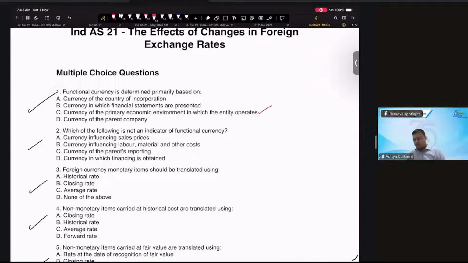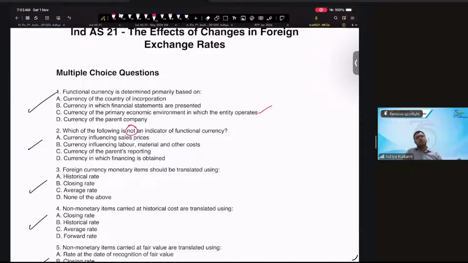Next. Which of the following is not an indicator of functional currency? Currency of the parent's reporting. Yes, you recollect we had studied functional currency. We had primary indicators, secondary indicators. Primary indicators are normally the currency in which you determine your selling price.